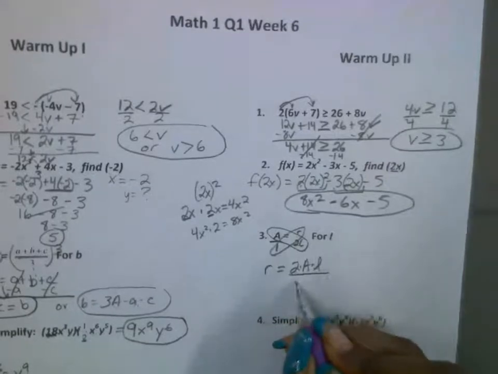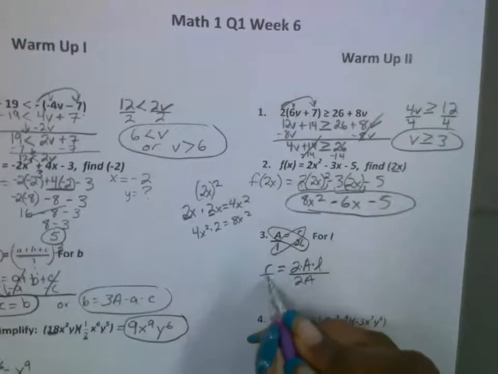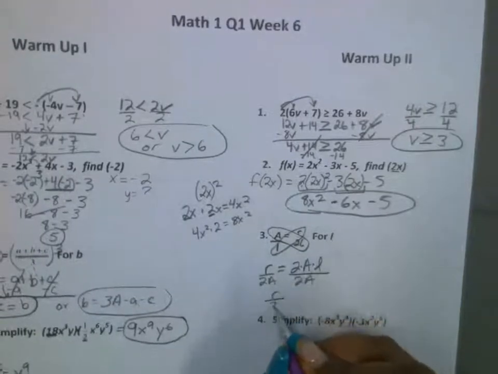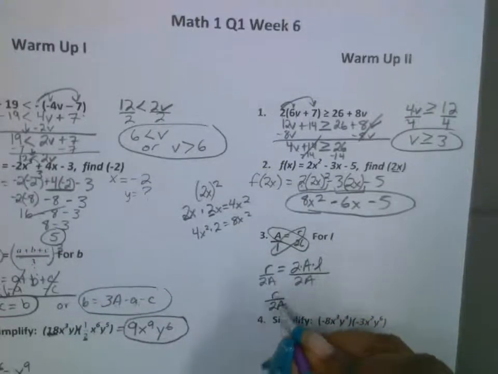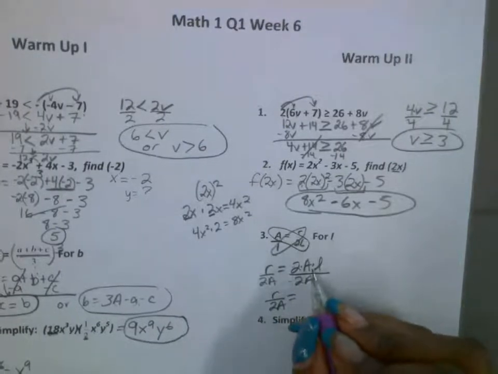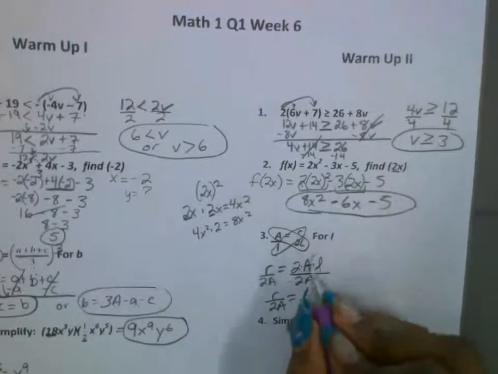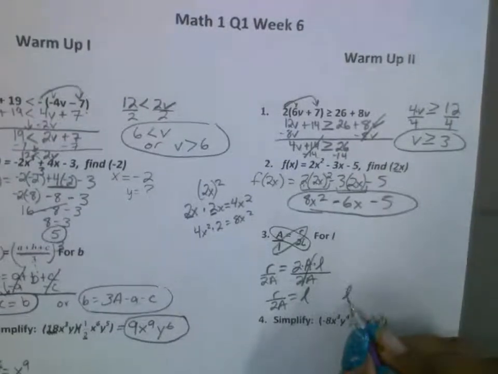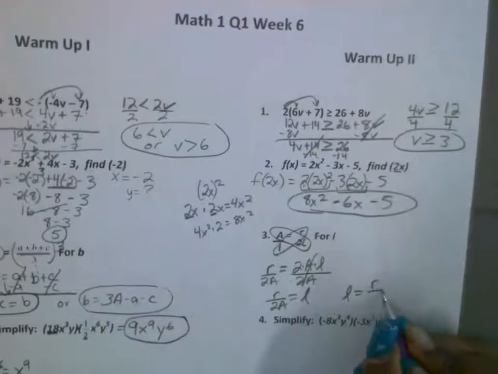We're going to get rid of both the 2 and the A by dividing both sides by 2A. This is going to give us R divided by 2A. We don't know what these numbers are. Is equal to 2A divided by 2A is 1. So this is L. Okay? 1 times L is just L. Or we say L is equal to R over 2A.